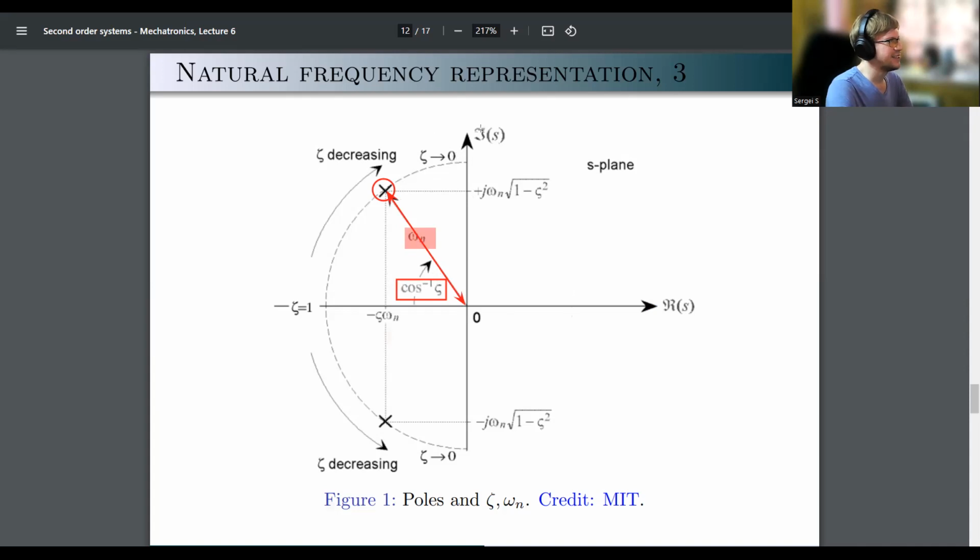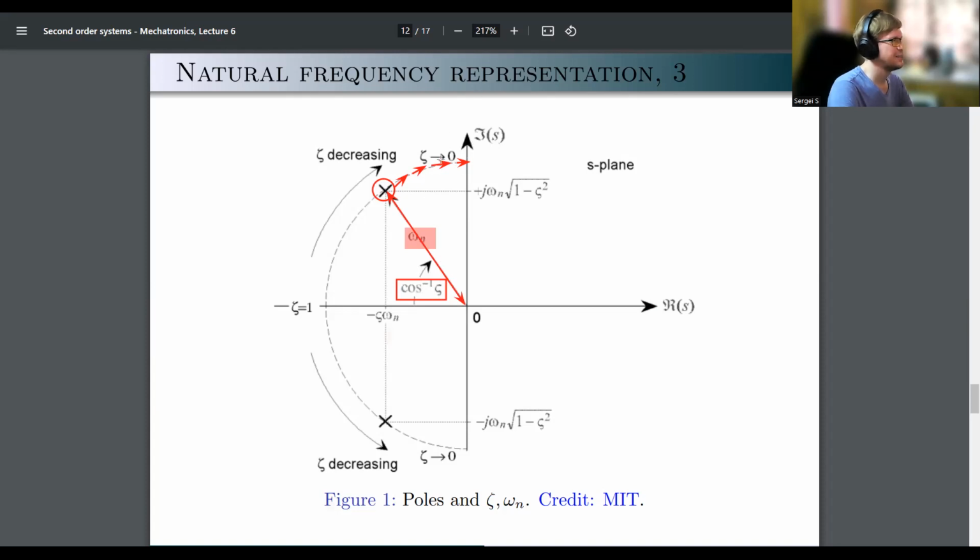And this is nice. Why? Well, because you could see that as this damping factor approaches zero as we go here, this would be inverse cosine of zero, which, correct me if I'm wrong, should be 90 degrees, right?